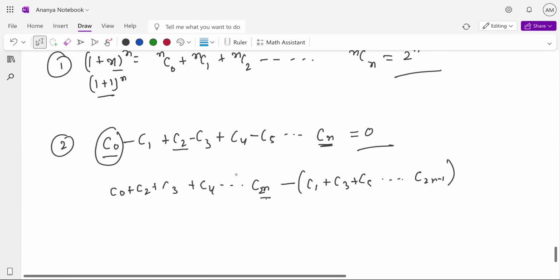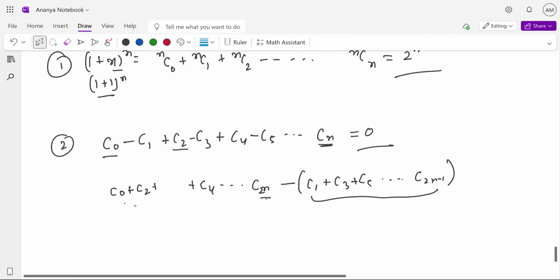Now, if you see carefully, which values do I have? In the even ones, C3 should not be there, right? I forgot this, it should not be here. Can we do one thing? Whatever values are not present here can be added and subtracted. For example, whatever is not present, can I add here? Yes, sir.